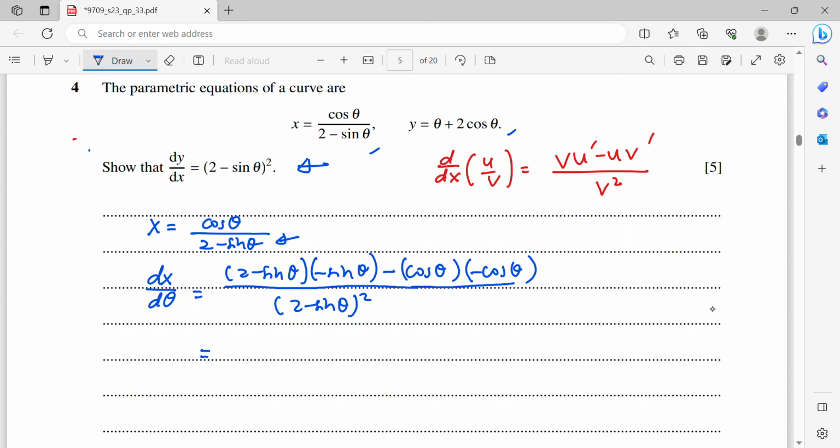Okay, so from here, I will simplify my numerator. I will do expansion. It will be negative 2 sine theta plus sine squared theta plus cos squared theta.